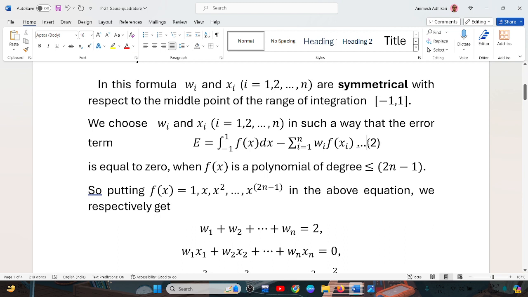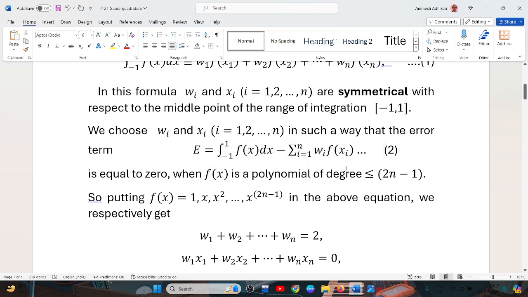In the above equation 2, this error term E equals 0. Putting f(x) equal to 1, we get w1 plus w2 plus ... plus wn equal to 2.